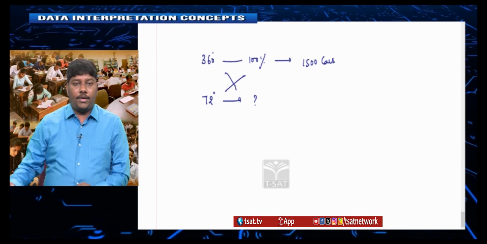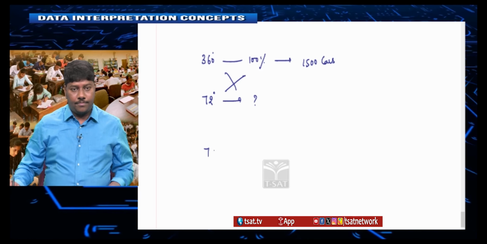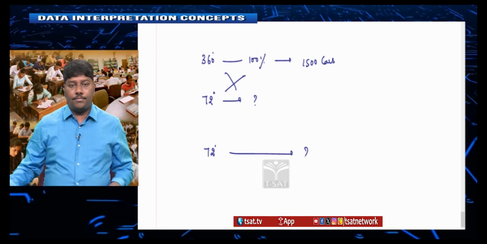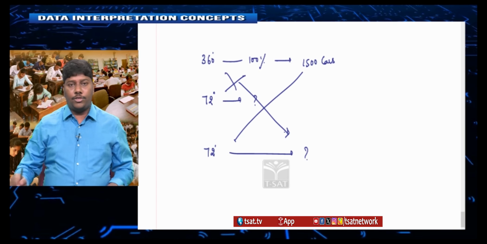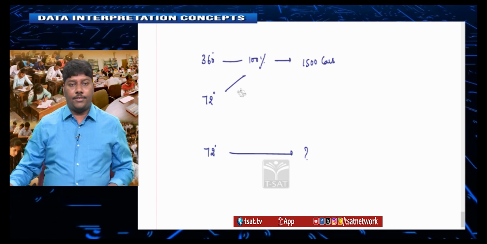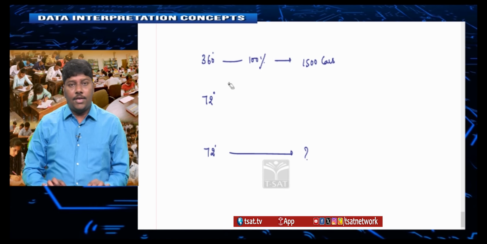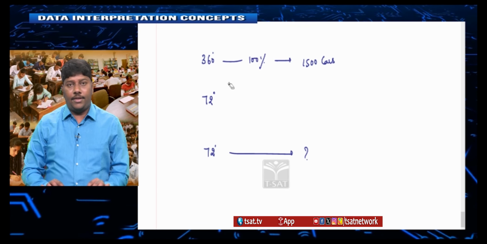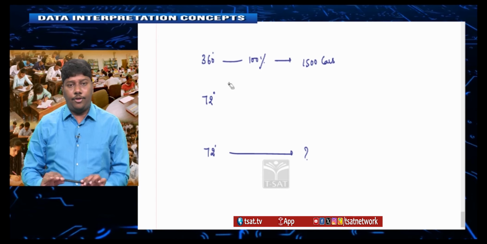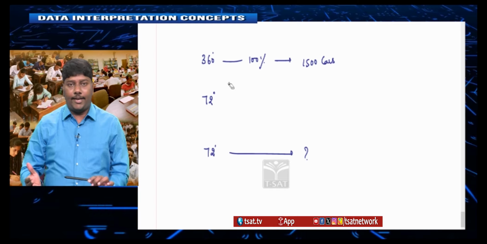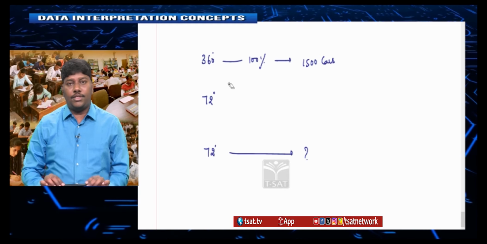Then you cross multiply. Or else 72 degrees, how many cards? You cross multiply this and this. So by using that proportion, you can always find it. But the relation is 360 degrees is 100% is the number of cards or whatever the data which is represented. So you can convert degree to percentage, percentage to the data. So anywhere given by using the proportion.